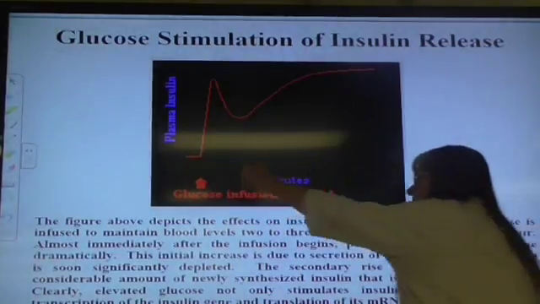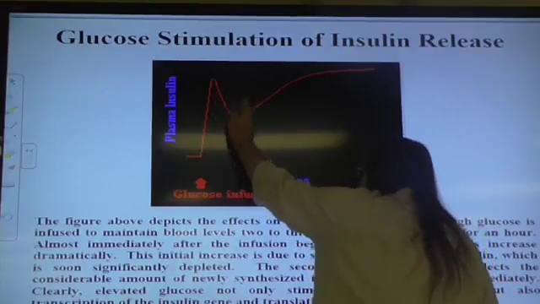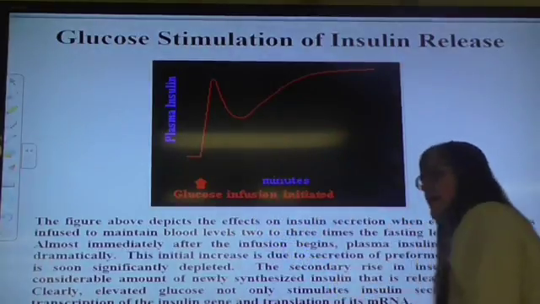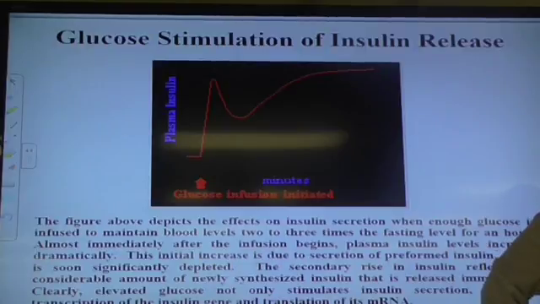And here is normal blood glucose right here. So this is working now, but this should come down like that and then level off. Did it do that? What do you think's the problem with this animal? It's got diabetes mellitus. It had a little bit of insulin, dropped it down a little bit, but then what happened? The glucose just went back up again.